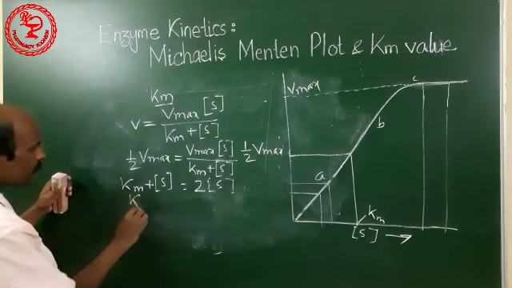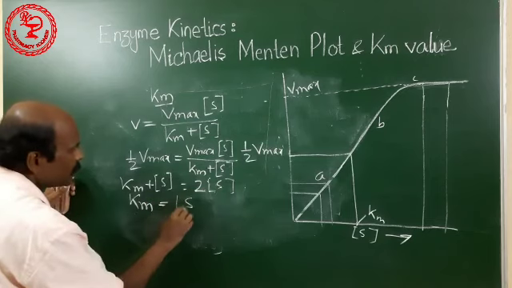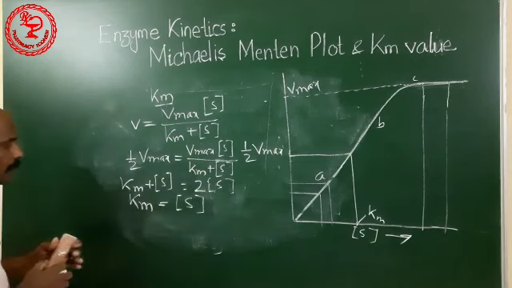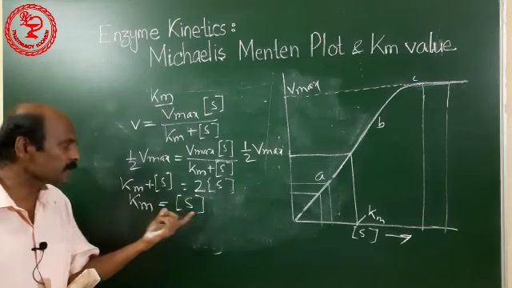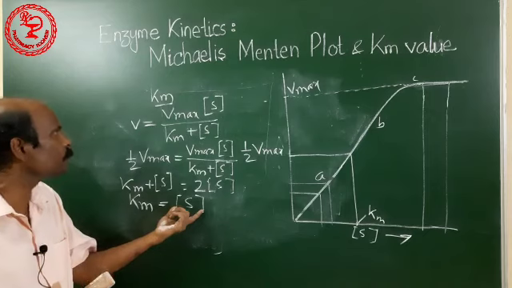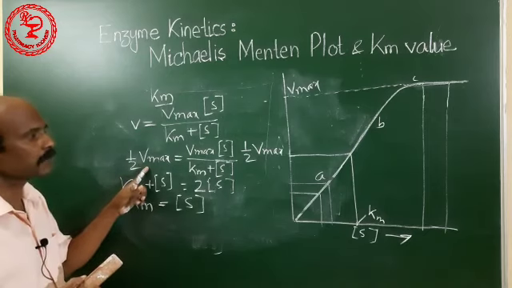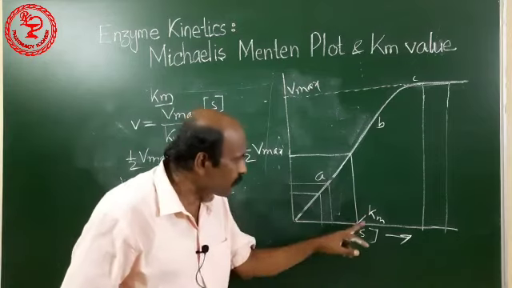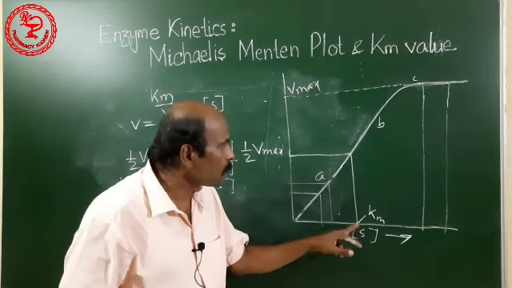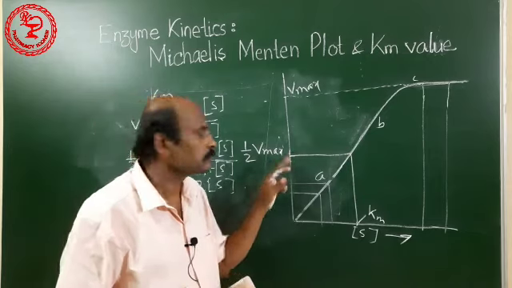So Km is equal to substrate concentration. You see, Km is the substrate concentration when the velocity is half of the maximum velocity. Km is the substrate concentration which gives the half maximum velocity.